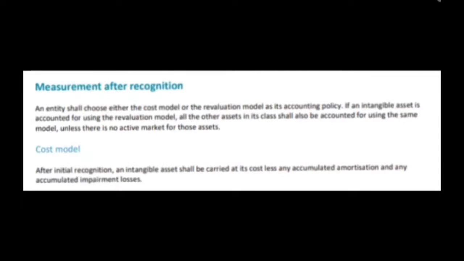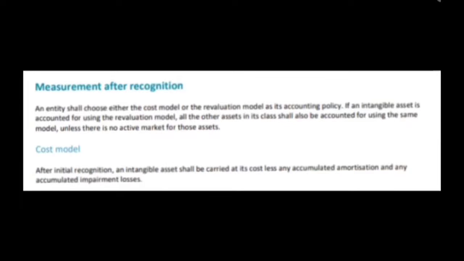Measurement after recognition. An entity shall choose either the cost model or the revaluation model as its accounting policy. If an intangible asset is accounted for using the revaluation model, all the other assets in its class shall also be accounted for using the same model, unless there is no active market for those assets. So what is the revaluation model and what is the cost model? We have discussed it in one of our lectures, but we shall revise it.